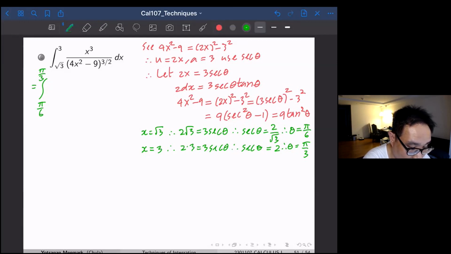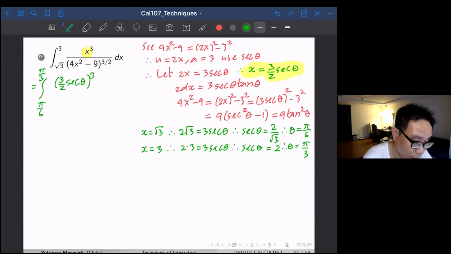For this you have x equal to 3 halves sec theta. So this will be my x. My x cubed turned out to be 3 halves sec theta to the third.